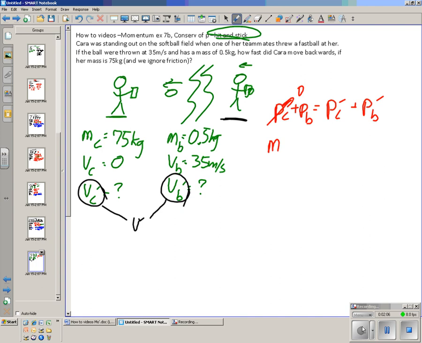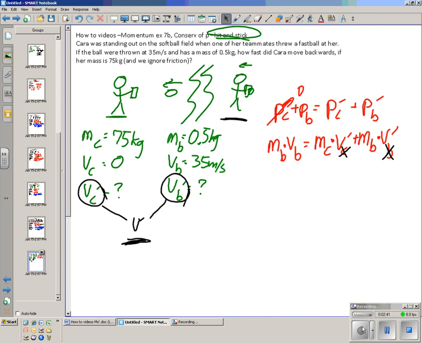And then we have mass of the ball times the velocity of the ball is equal to mass of Kara times velocity of Kara prime plus mass of the ball times the velocity of the ball prime. And remember what we said earlier about this whole V prime thing. So let's just go ahead and get rid of those subscripts. So we really are just talking about V primes on the other side.